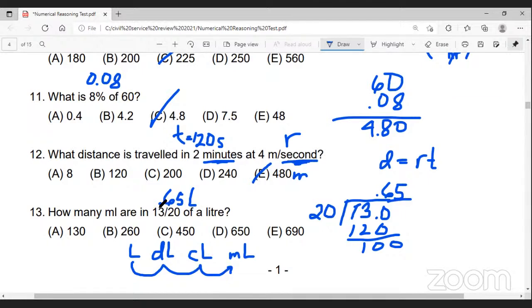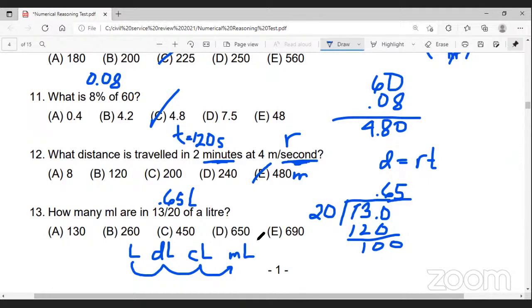If multiplied by 1,000, ma'am, 650. You know that 1 liter equals 1,000 milliliters. Another strategy I presented to you is moving the decimal point 3 places to the right.